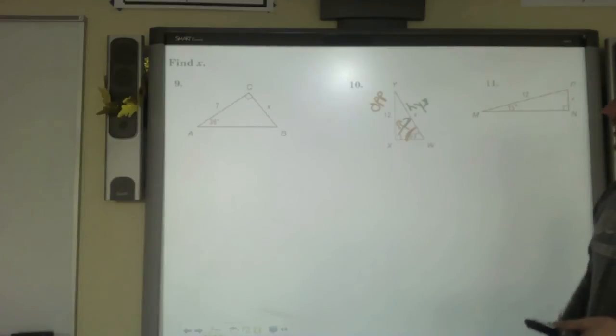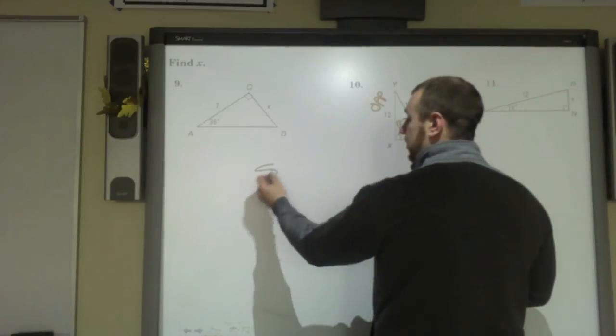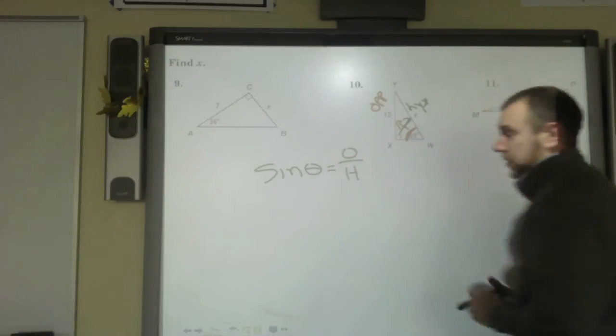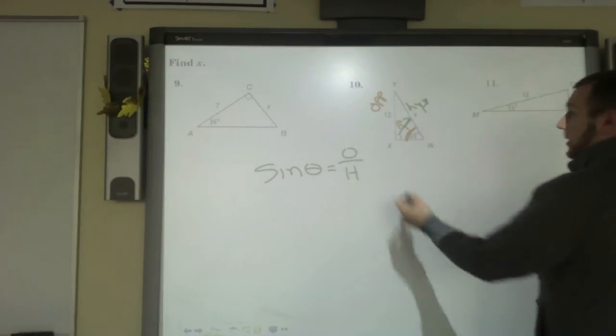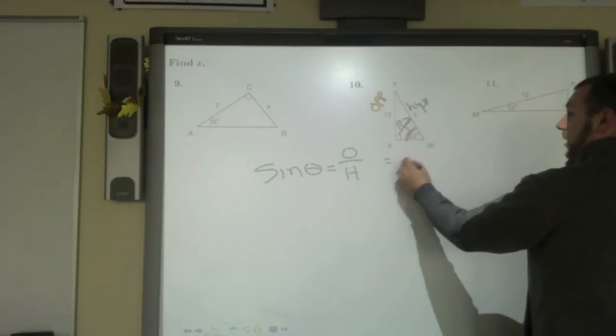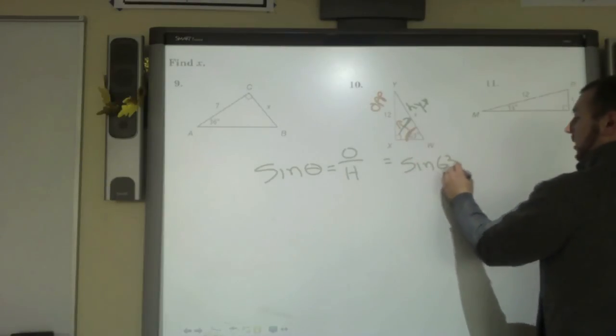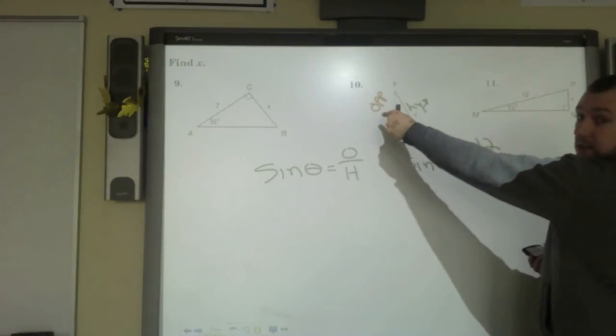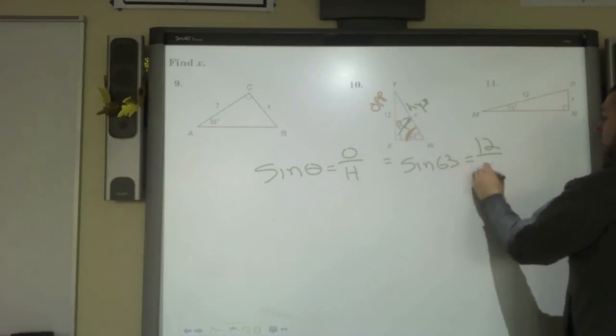So now I'm going to use my sine function. So the sine of theta equals my opposite over hypotenuse. When I plug things in, I'm going to get the sine of 63 equals 12, because that's my opposite side, over the hypotenuse, which is x.